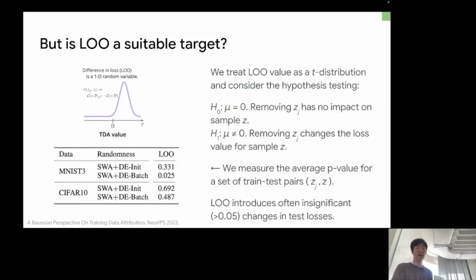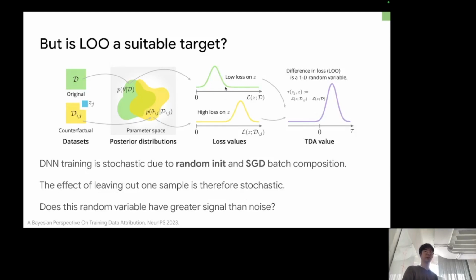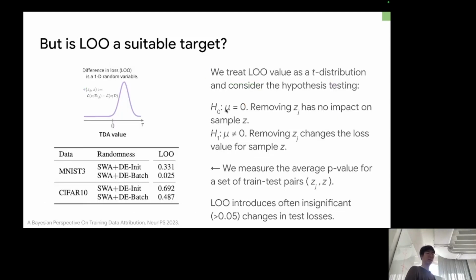So we then came up with this hypothesis testing, where the null hypothesis is that there's no impact of this training sample removal. So we model the difference between these two loss values as a t-distribution, and the null hypothesis is that the mean of this t-distribution is 0, and the alternative is, of course, non-zero.